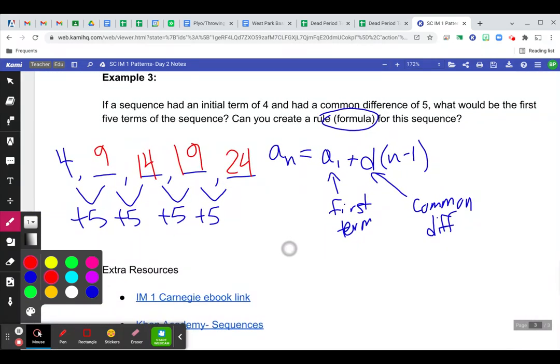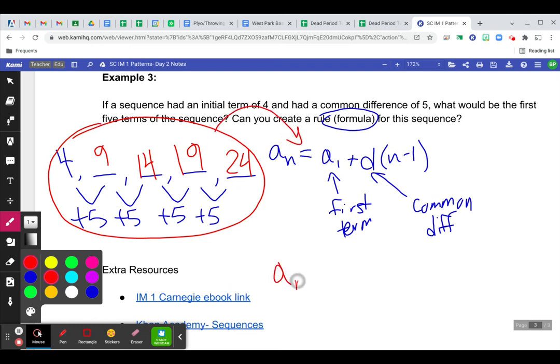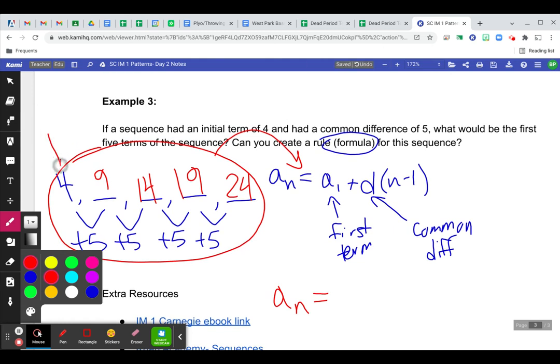So now, if we take this particular sequence here and we apply it to what's called the explicit arithmetic formula, we're going to have a sub n is equal to, well, what's your first term? It is 4. Plus, what's your common difference? Your common difference is 5. How many times are we going to add it to get to the term that we want? n minus 1 times. Now, why is it n minus 1 times?